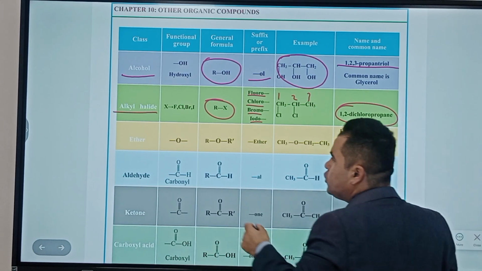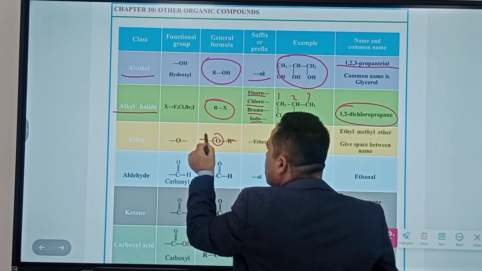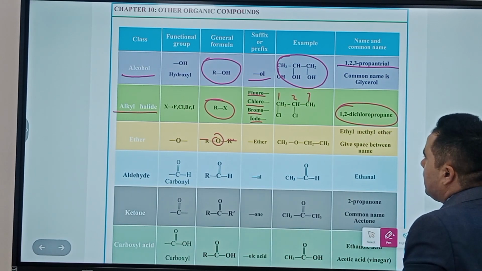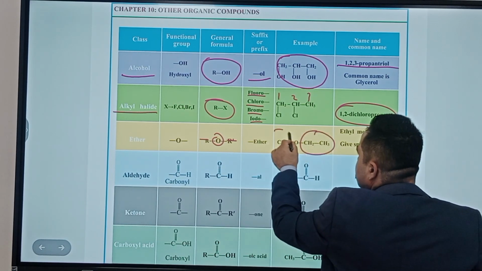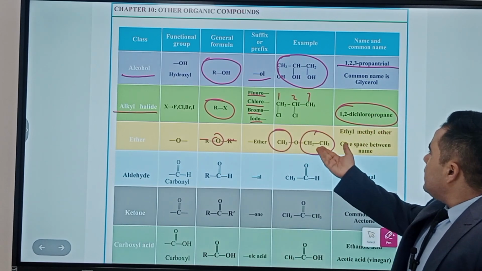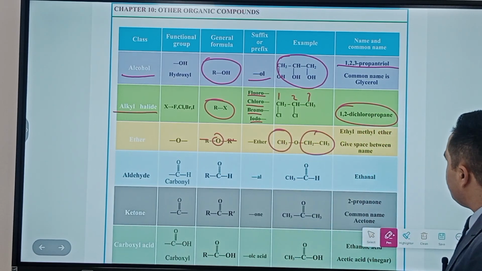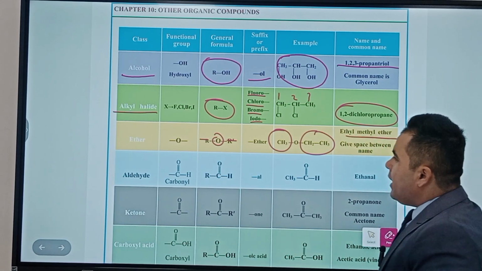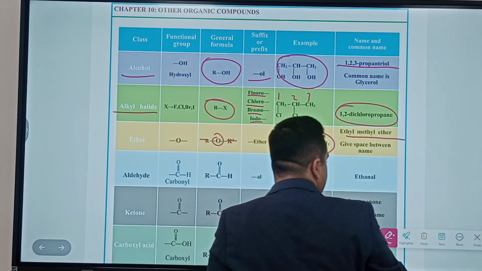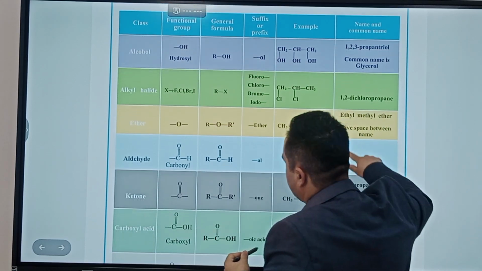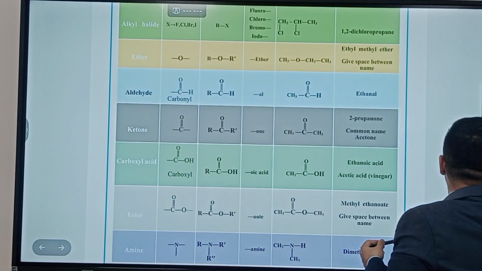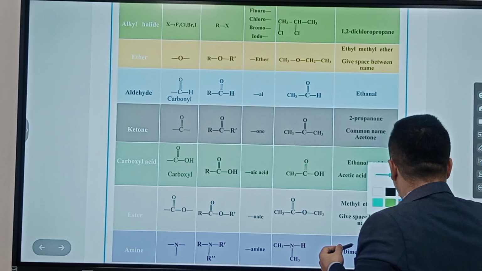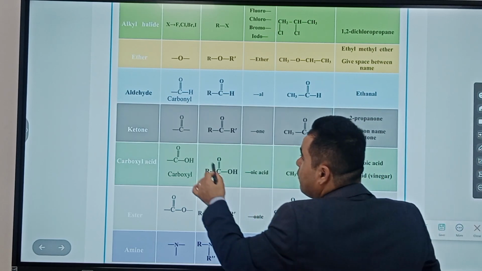Ether is the O connected to two chains of hydrocarbon. The chains are both alkyl groups. You can say ethyl methyl ether. This is ethyl methyl ether. And then aldehydes and ketones are two compounds that contain carbonyl groups. They are responsible for the odors and flavors as well.